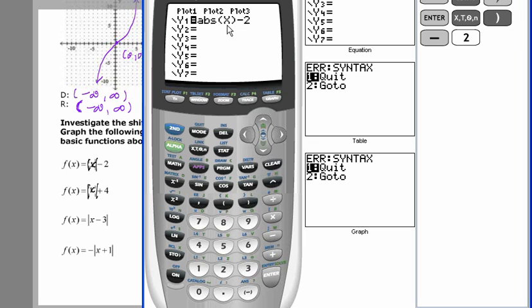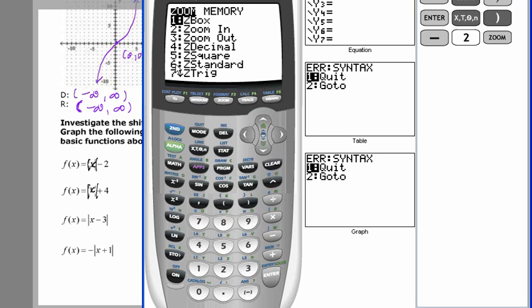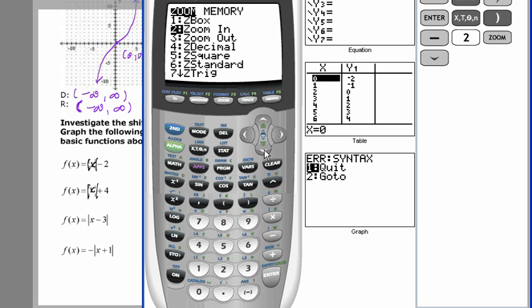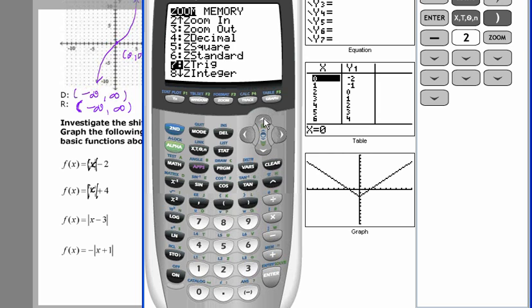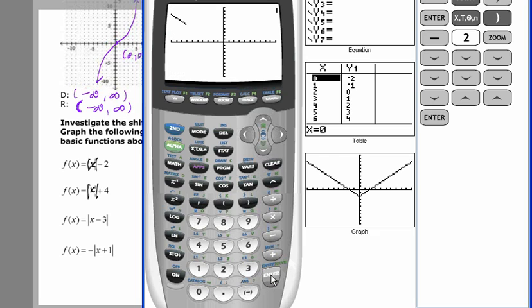Once you have your equation typed out in your y equals spot, I suggest going to zoom and 6. Or you could just type in the number 6. Oops, it's going a little bit too fast, or too slow actually. Go to zoom 6 and enter there because it's going to put your window in a nice 10 by 10 rectangular coordinate system where we'll use as our standard viewing window.